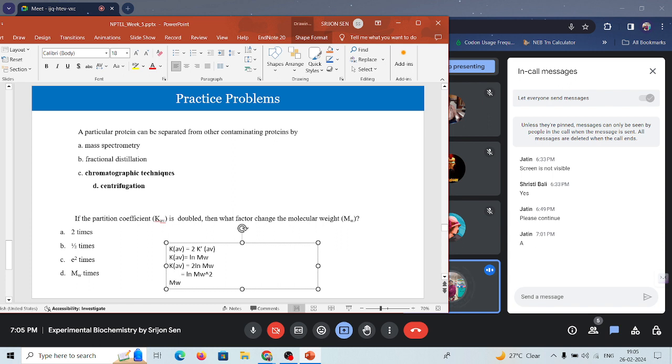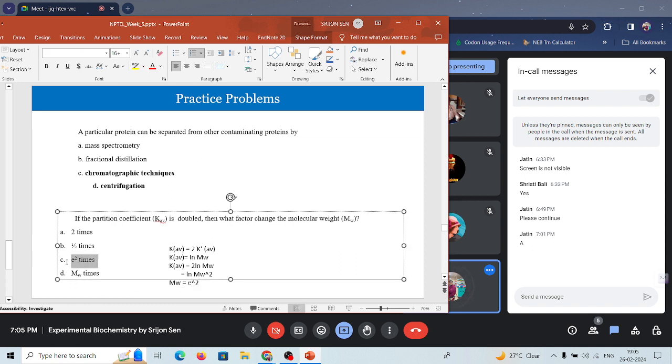So if you think in terms of MW, it is the power square. So this is the correct option.